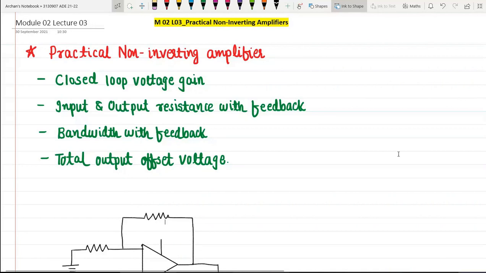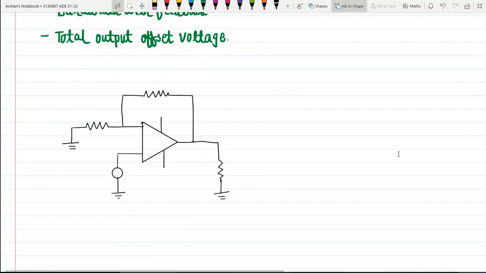Okay, so talking about non-inverting amplifier, it is similar to the practical inverting amplifier. The parameters of practical non-inverting amplifiers are different than the parameters of the ideal non-inverting amplifier. Okay, so we will see the effect of negative feedback on the various parameters of this practical non-inverting amplifier.